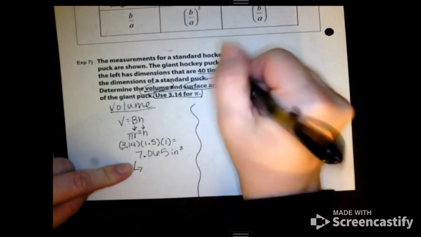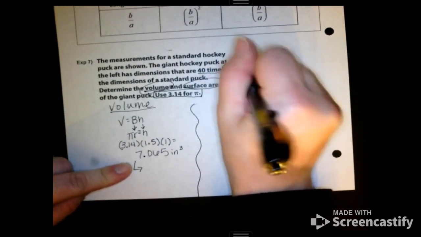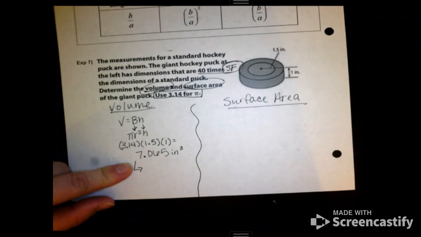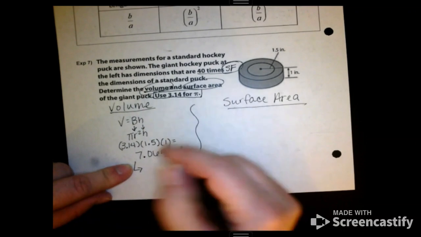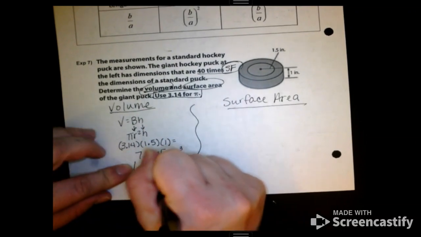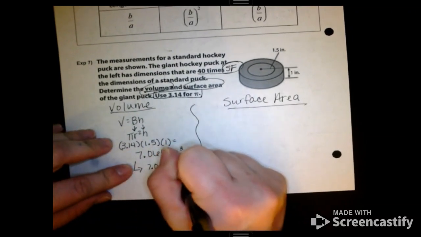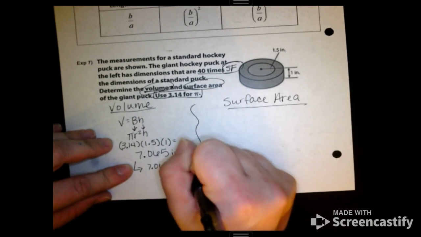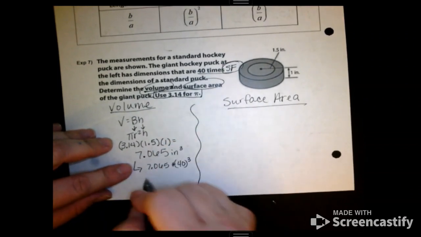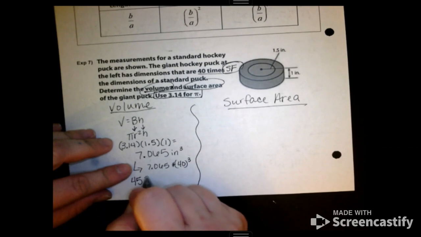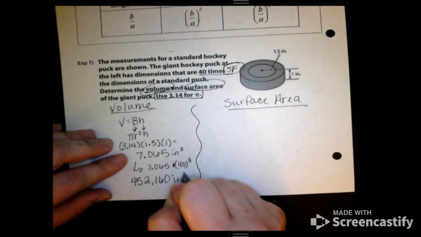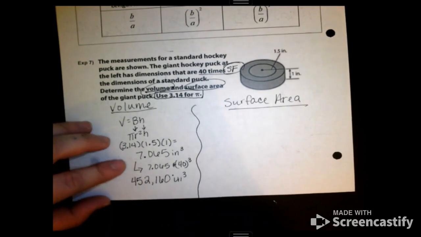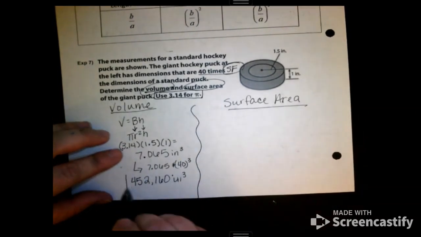That tells me that is my what? That's my scale factor. Okay, so 40 is my scale factor. So for volume, what do I do to my scale factor? Cube it. So times 40 cubed. 452,160. That's a huge number. That's your answer.